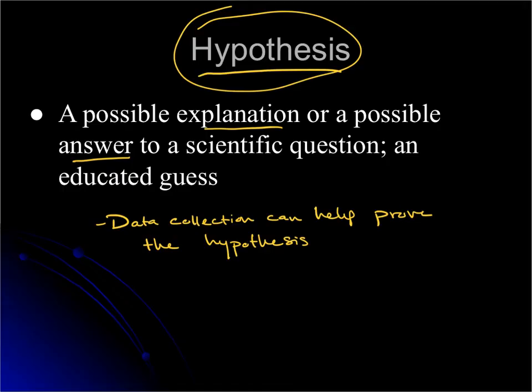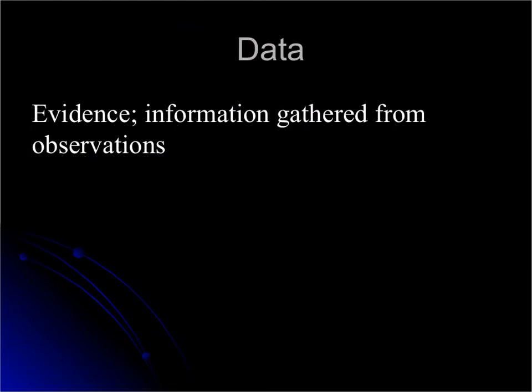Once data collection has begun, data collection can help to prove the hypothesis, or it can also disprove a hypothesis. Another name for data is evidence. Data is always just information, and that's gathered through observation. So anything that can be observed, you can collect data on. Data is always information gathered from things you can see.